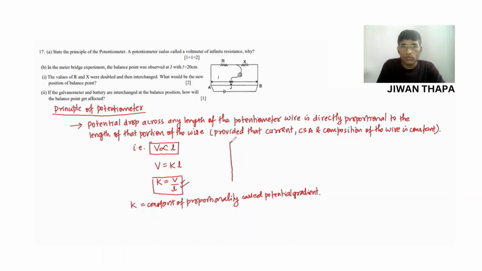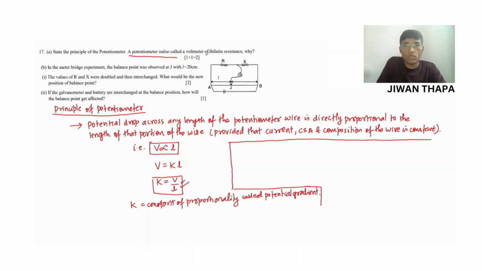Now let us discuss the second part of this question. A potentiometer is also called voltmeter of infinite resistance. Why?